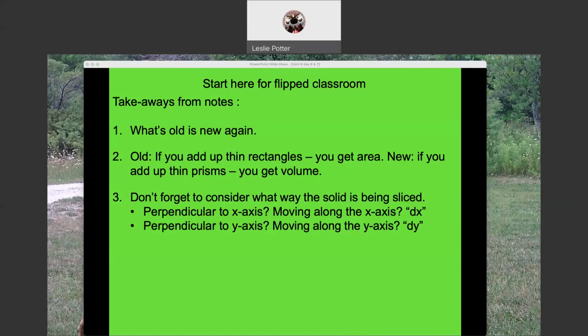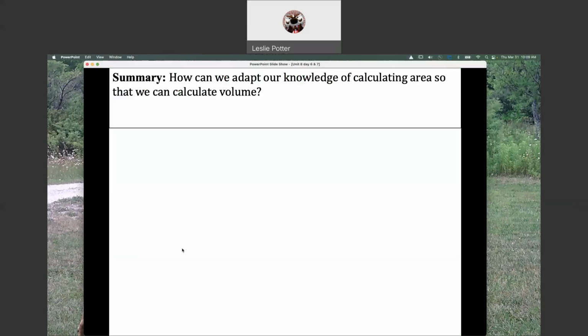Okay, so today's focus then, I believe we're spending 2 days on this. Today's focus then is squares and rectangles. Okay, and so what we need to do is how can we adapt our knowledge of calculating area so that we can calculate volume? So what we're doing is we're taking the integrand and we're coming up with an area function.